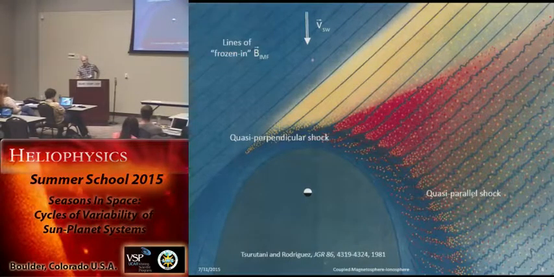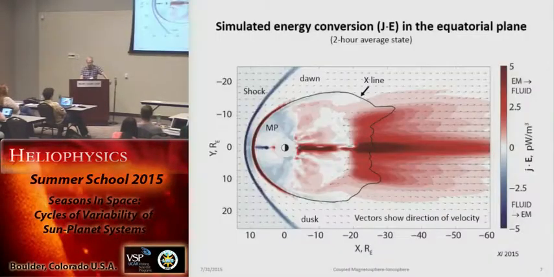But at least for the dynamics perpendicular to the magnetic field, MHD is not a bad description, actually. I mean, there are places where it doesn't work, particularly when the scale sizes get smaller than the ion gyro radius. But it does an amazingly good job. And when people first started developing global simulations of the magnetosphere, it wasn't clear that they were going to be able to capture some of the things that were observed, and it works far better than anybody had originally envisioned.